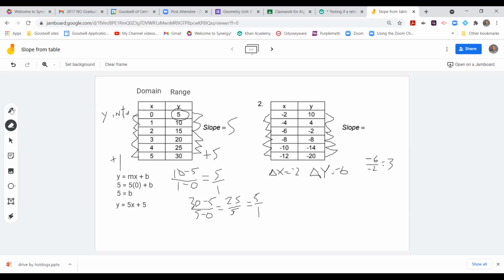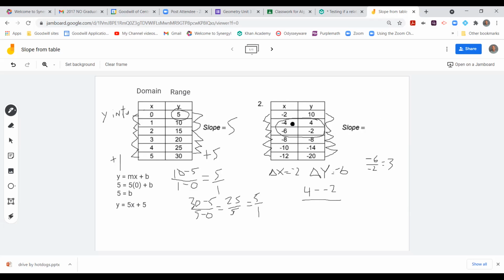But I don't trust myself, so I'm gonna pick these two right in the middle here. So I'm going to do the calculation. 4 minus, this is y2 minus y1, x2 minus x1. So I started with 4.